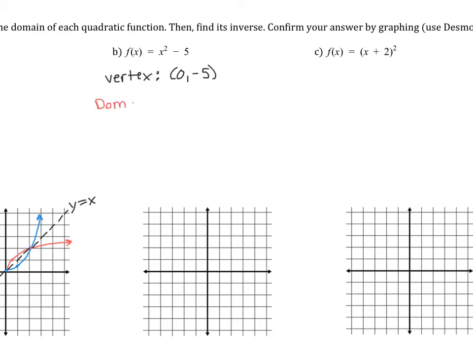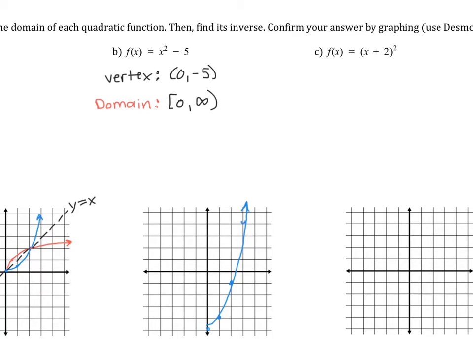So again, our restricted domain is going to be everything 0 to infinity. Okay, so when we graph it, we start at 0, -5, and we're only going to be graphing points to the right. So it looks like this, roughly.